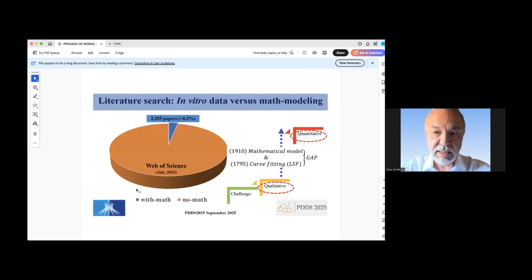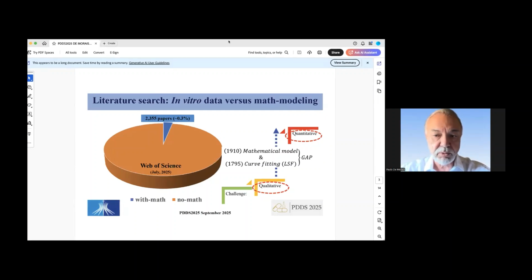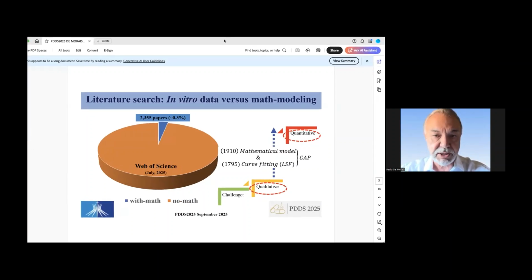So let me emphasize a very important point about this presentation today. If you look at the literature about in vitro data and how much the published in vitro data are using mathematical modeling to understand the data.